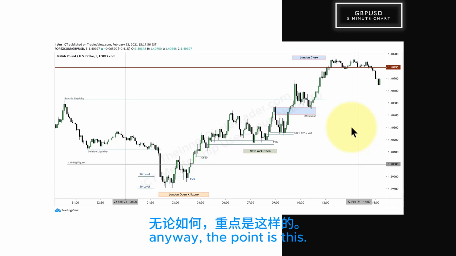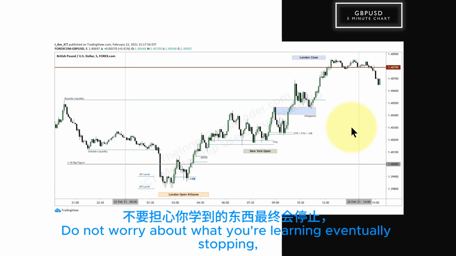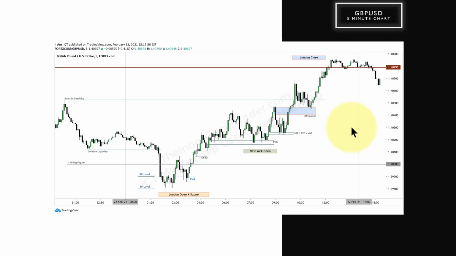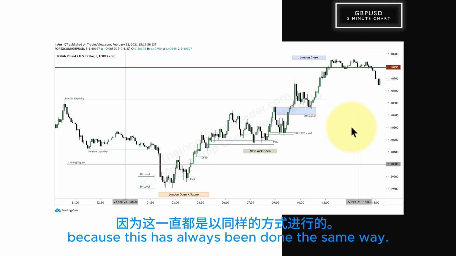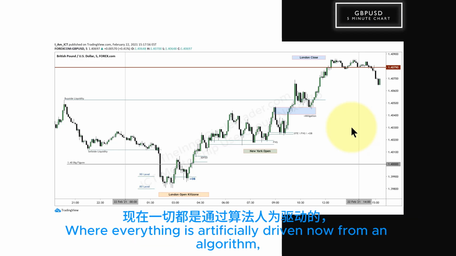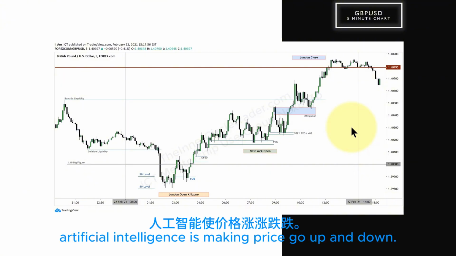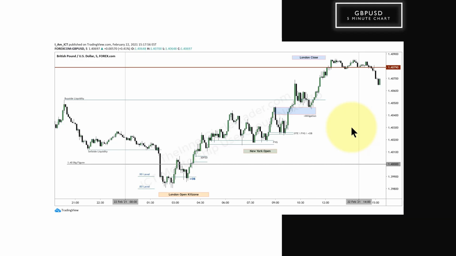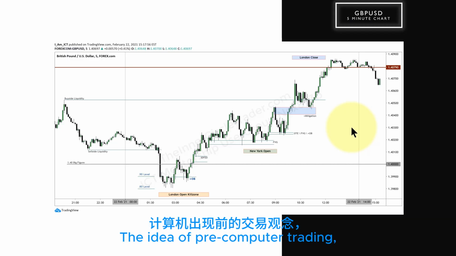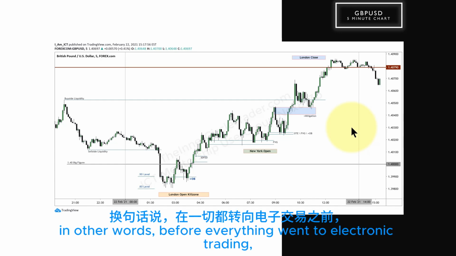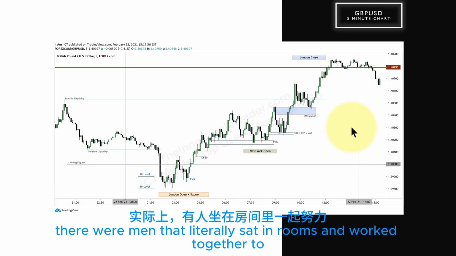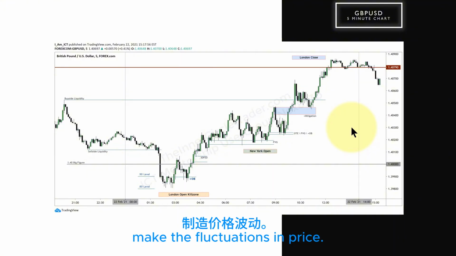So anyway, the point is this. Do not worry about what you're learning eventually stopping, because this has always been done the same way, where everything is artificially driven now from an algorithm. That means artificial intelligence is making price go up and down. Okay. Pre-computer trading, in other words, before everything went to electronic trading, there were men that literally sat in rooms and worked together to make the fluctuations in price.